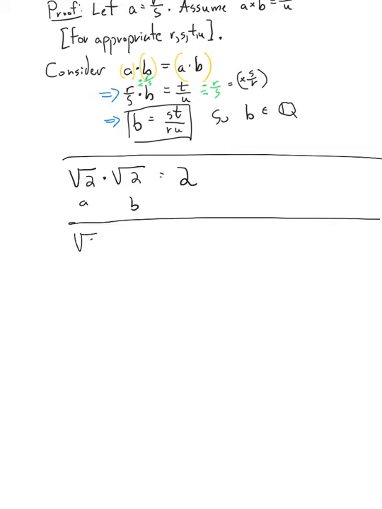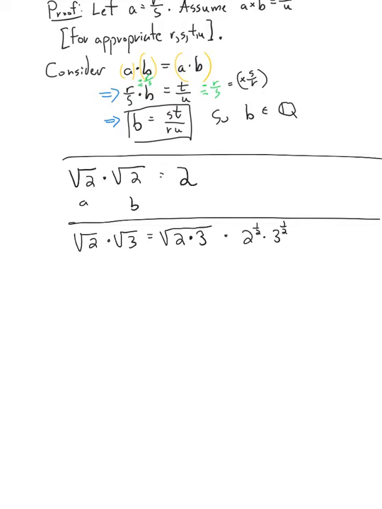But square root 2 times square root 3, well, that is square root 2 times 3. Remember, to convince you of this, I can write square root 2 as 2 to the 1/2 and square root 3 as 3 to the 1/2.